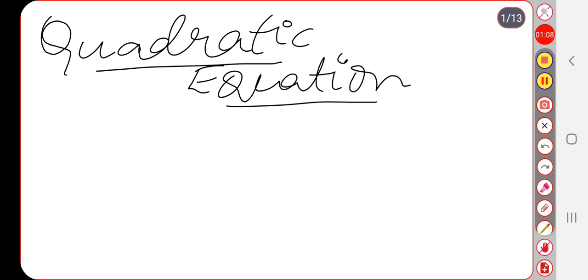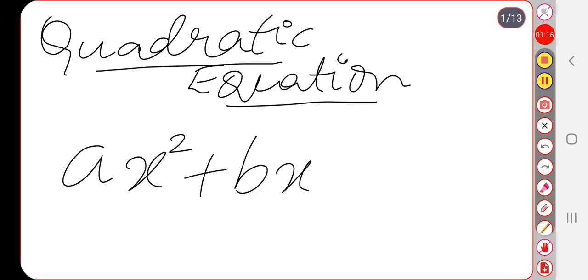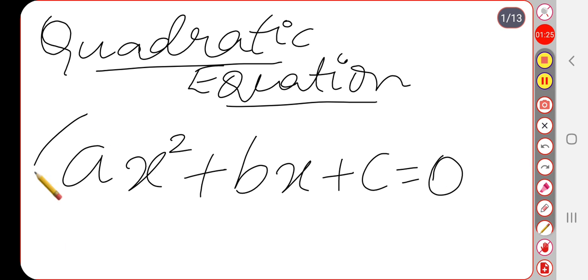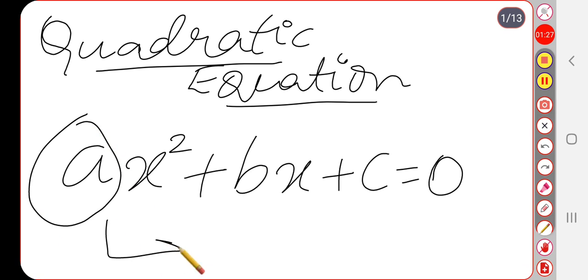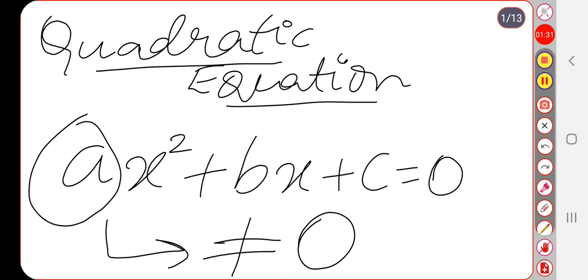An equation in the form of ax square plus bx plus c equals 0, where a is not equal to 0, is known as a quadratic equation.